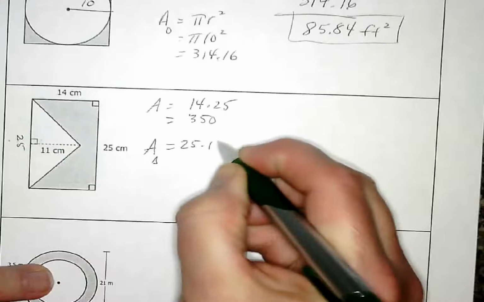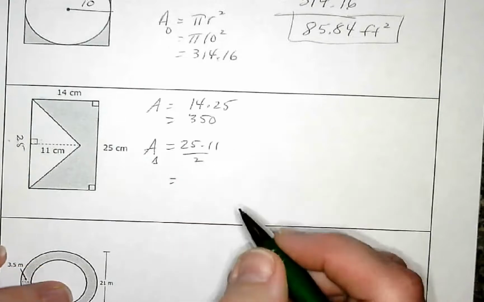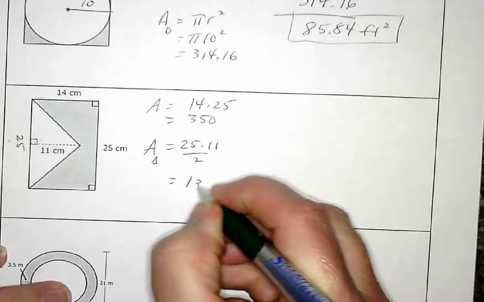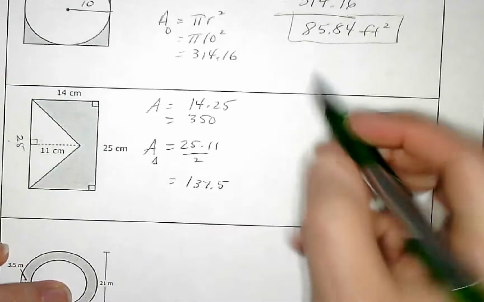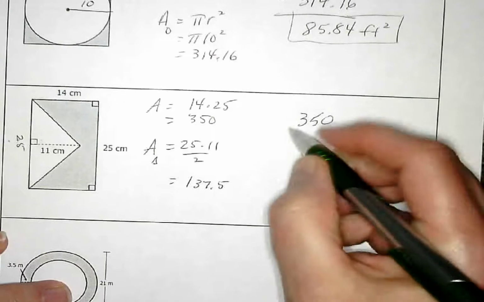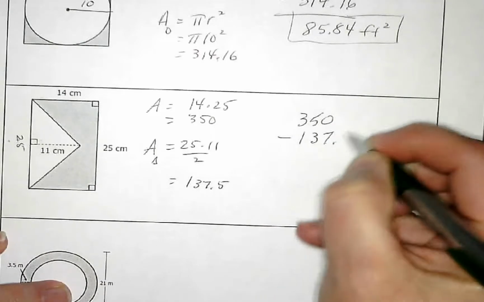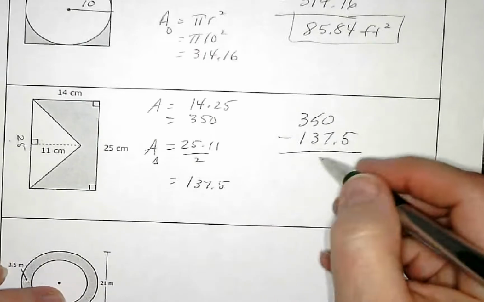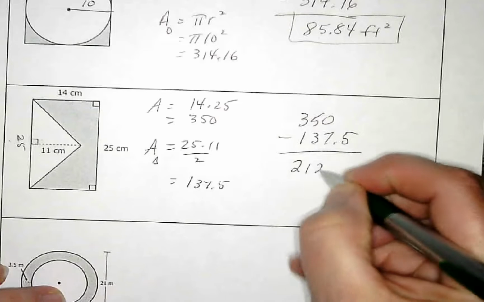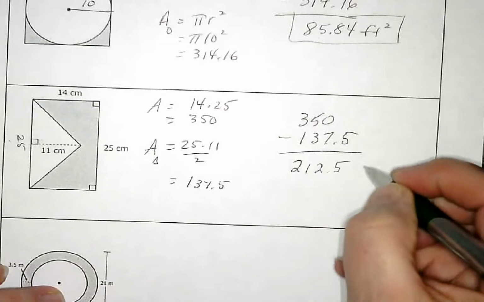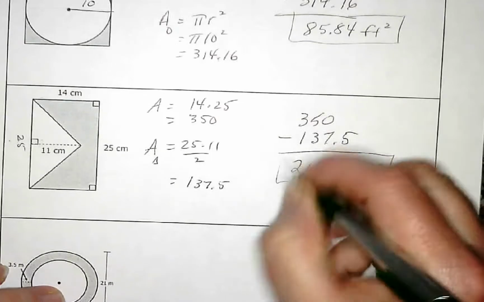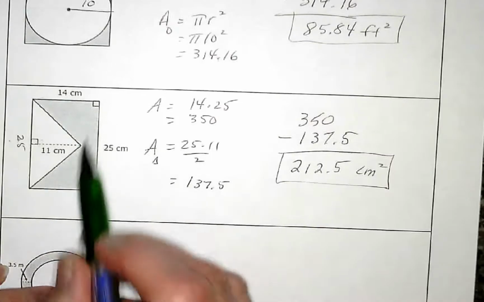So 25 times 11 divided by 2 gives me 137.5. The 350 is the whole thing, minus the white piece that we don't want. The difference between those two, 212.5 centimeters squared, will be the area of just this shaded portion.